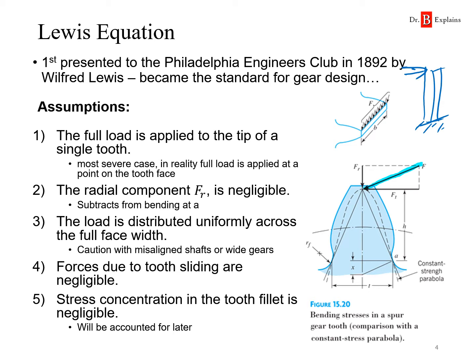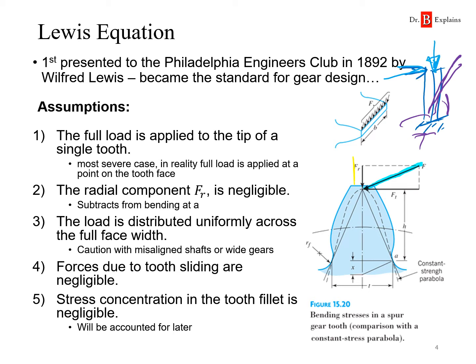Next is that the radial component, remember, which is this one over here, is going to be negligible. And why does that matter? So let's look at my ugly drawing here at the top. If I have a force pushing sideways, this is going to cause the beam to bend in this direction, which would put this part in compression and this part in tension. Well, the force is not just tangential, it's also radial.